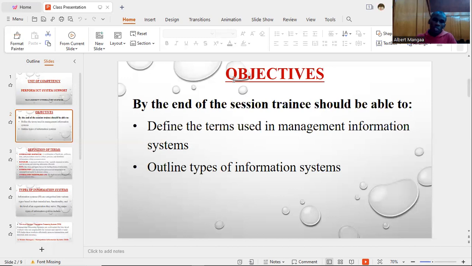So directly to objective 1, defining the terms used in Management Information Systems.